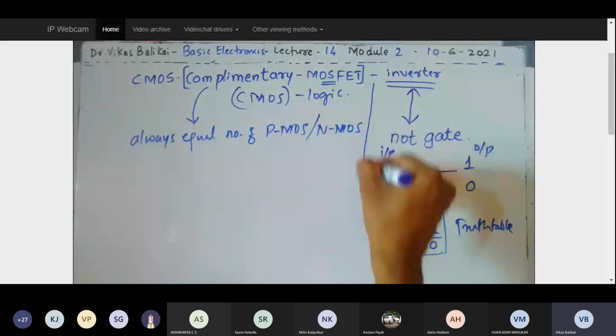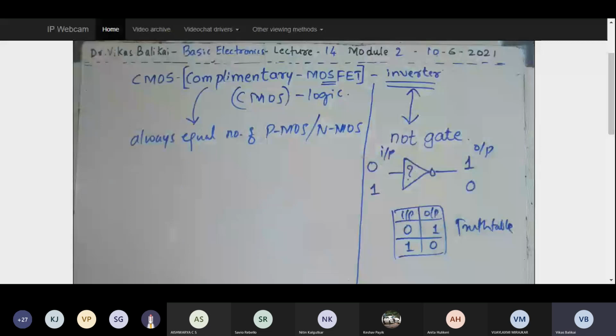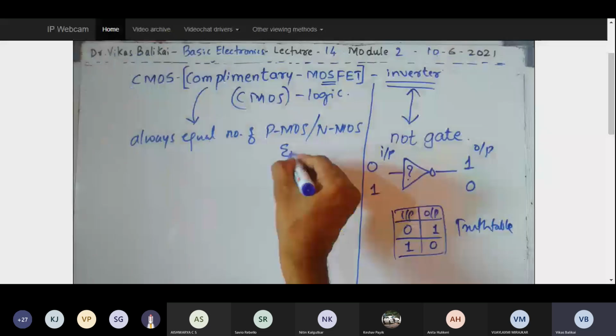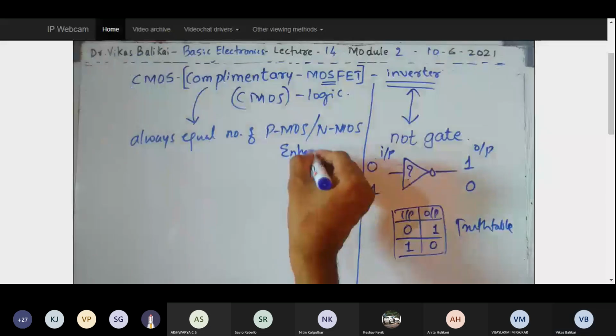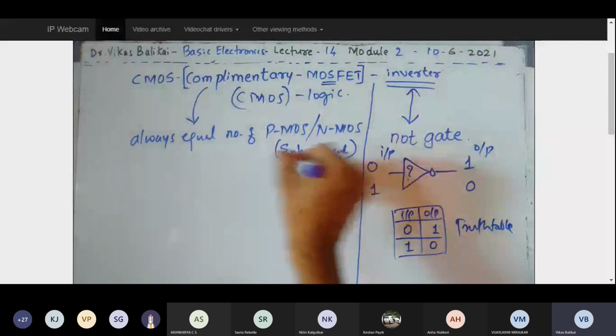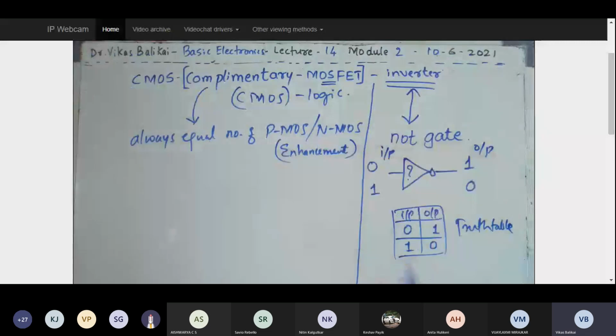Then, if I don't specify anything as enhancement or depletion, it means I'm talking about enhancement. It is an understandable convention. Are you getting my point? Don't ask me whether it is enhancement or depletion. If I don't specify anything, it is as good as I am talking about enhancement MOSFET. So I will be using an equal number of PMOS and NMOS in building my circuit.